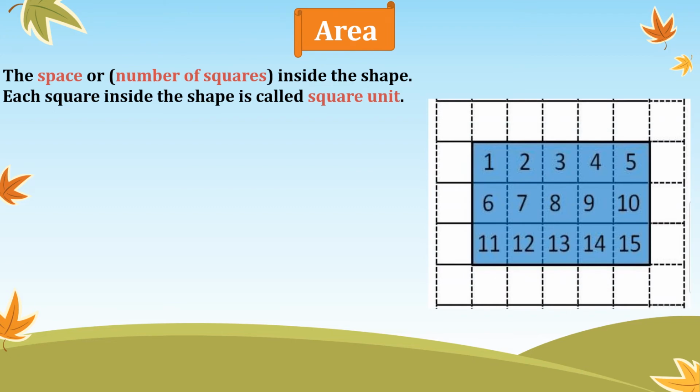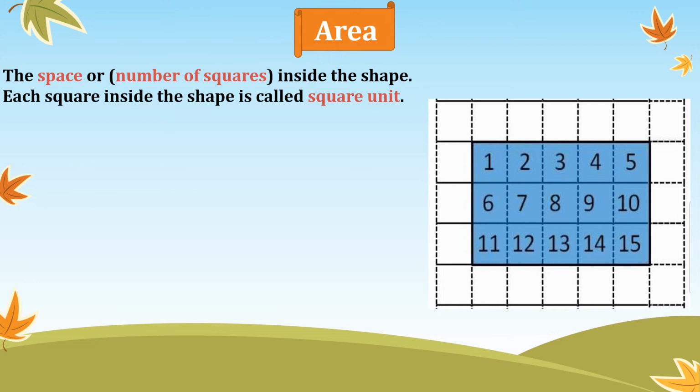Here, in our example, we have a rectangle colored with blue. This big blue rectangle has some squares inside it. If we count these squares inside this rectangle, we will find 15. So the area of this rectangle is 15.